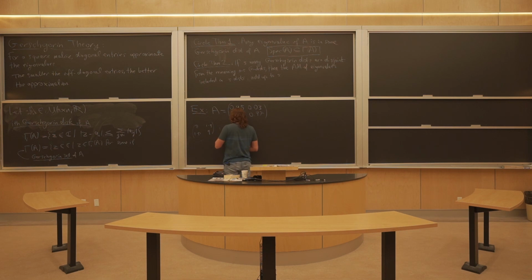The other one is, do you remember? 1 minus P plus Q, I think. But in any event, in this case it is some other number that is less than 1. So Gerschgorin says the following.